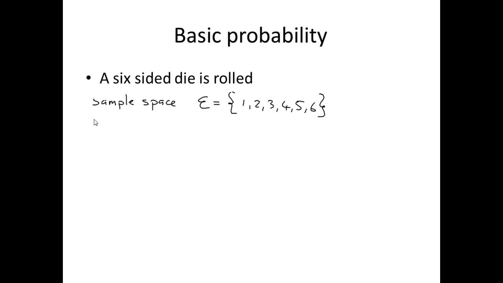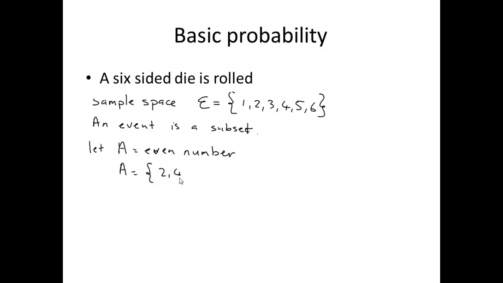An event is a subset of the original. So if we say let A stand for we get an even number, then A contains the elements 2, 4, 6.